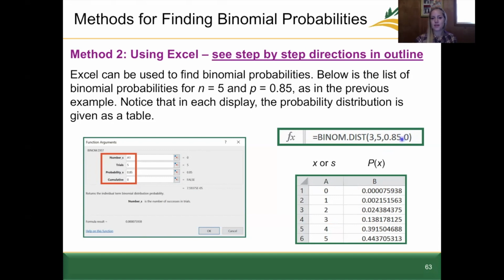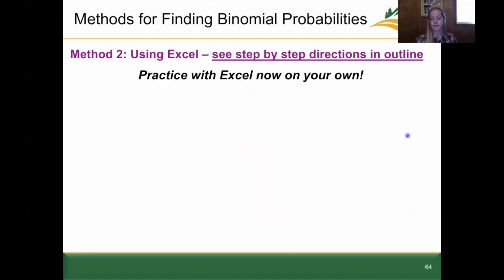For the cumulative values we'll use in this class, it'll usually be either 0 or 1. I'll talk to you about these cumulative values more on the next slide, but these are the four numbers that go into this function, and then you'll get an answer from Excel. It is crucial, though, that you're putting in the right numbers for the right places, or you'll get a completely different answer. Okay, so practice Excel on your own. Go through all those steps and let me know if you have any questions at all.